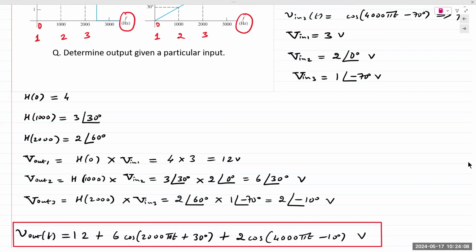Three quantities, the frequencies are still the same. The frequencies do not change. They are not affected. And so the final answer, when we perform the inverse phasor transform as a function of time, all three separate quantities, it's 12 plus 6 cos of 2000 pi t plus 2 cos of 4000 pi t. Mathematically, we write it with a plus sign. And that's your final answer, V out of t.